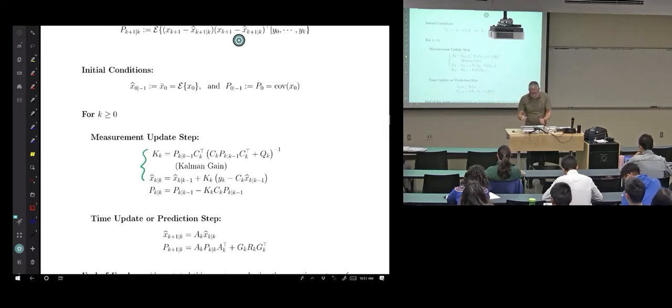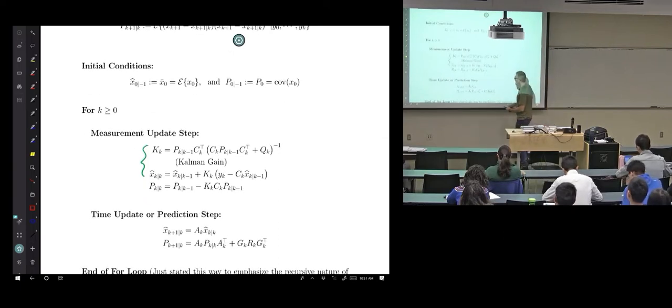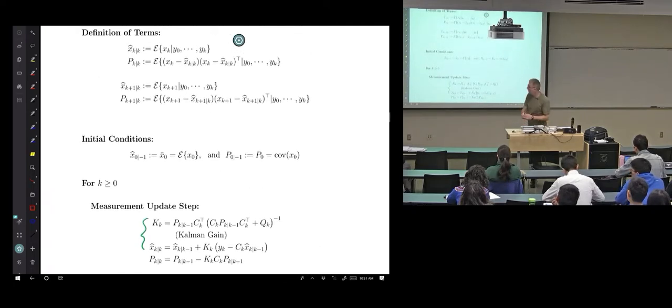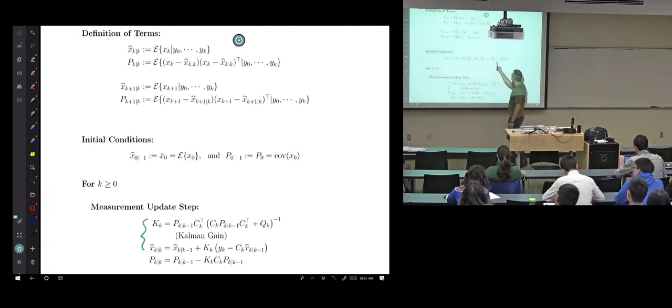And we will find a recursive formula for that that looks remarkably similar to recursive least squares, except now the weighting term is going to come from the spread we have in the initial condition of x.